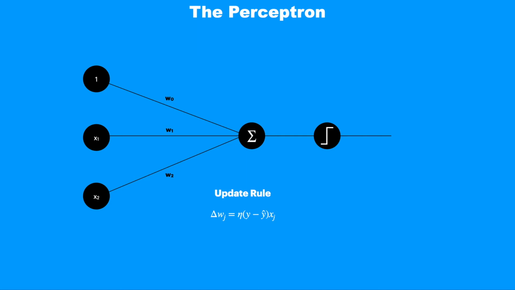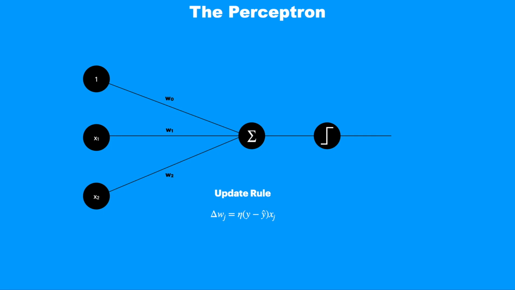We have an input layer where we can see our x1 and x2. Remember, those are inputs to the AND gate. And then we have a bunch of weights. These determine how strong the signal should be. So in order to compute something with a perceptron, all you do is you multiply the inputs by the weights, add them all together, which is what that sigma node is doing, and then pass it through an activation function. And that gives you an output.